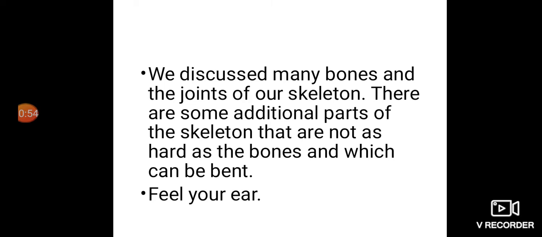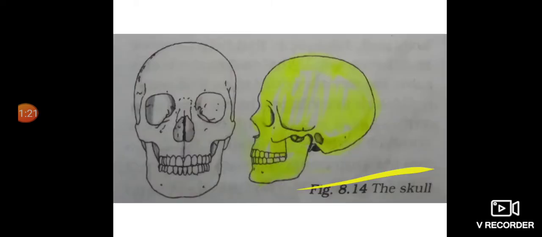Now we have discussed many bones and the joints of our skeleton. There are some additional parts of the skeleton that are not as hard as the bones and which can be bent. This you can see, feel the ear.